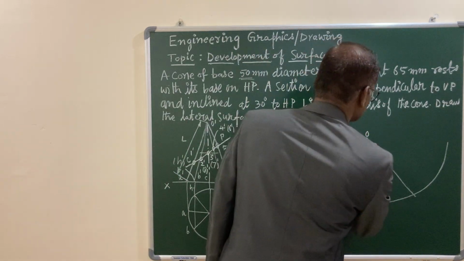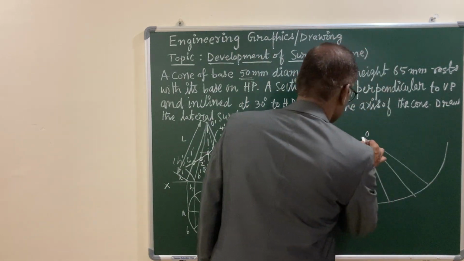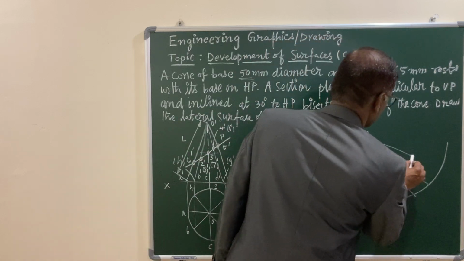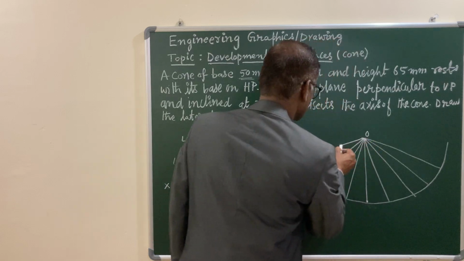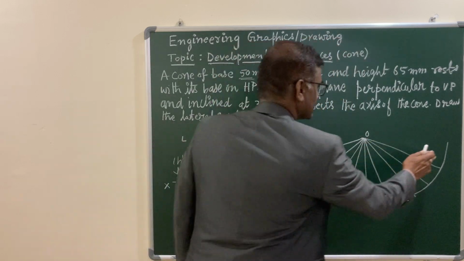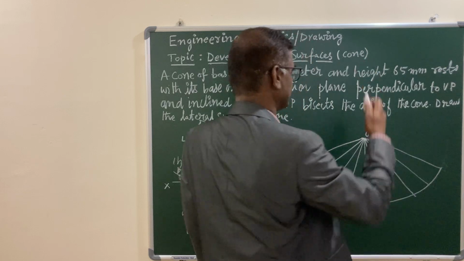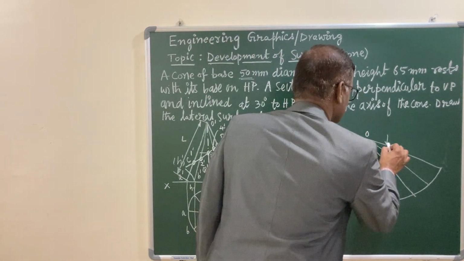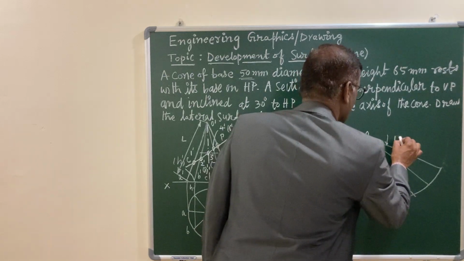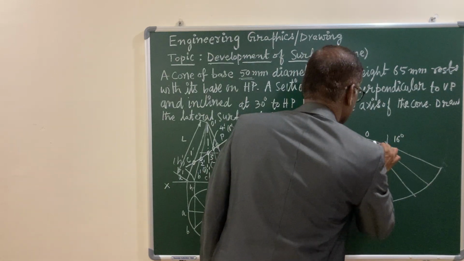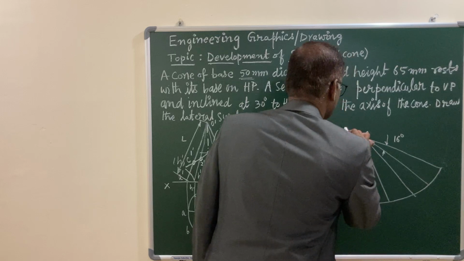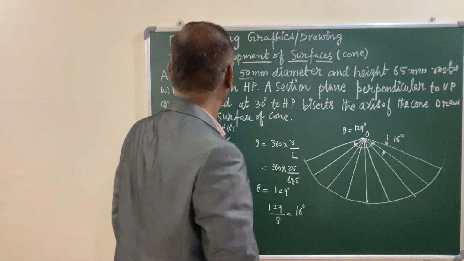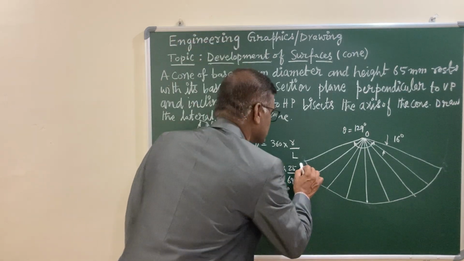Now it is 4, 16 degrees, 16 degrees. Now it is 6, and lastly it is 16 and 16, so that it is symmetric about the vertical line. So each angle is 16 degrees. This total theta is 129 degrees. Now let us mark with capital letters.